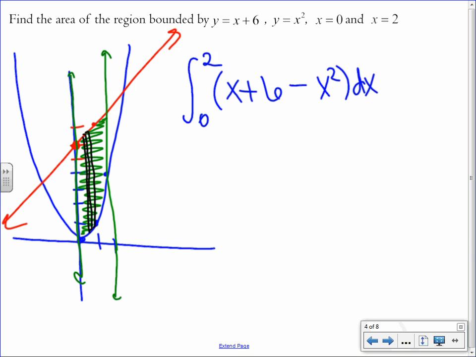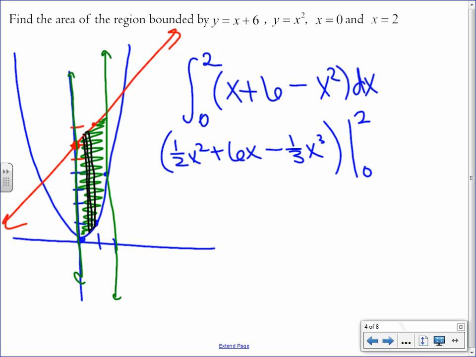Integral of x plus integral of 6 minus integral of x squared. We're going to evaluate this from 0 to 2.